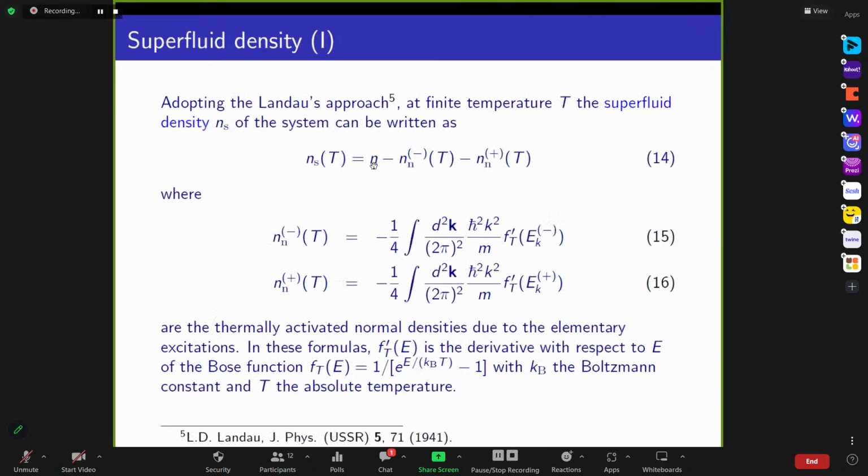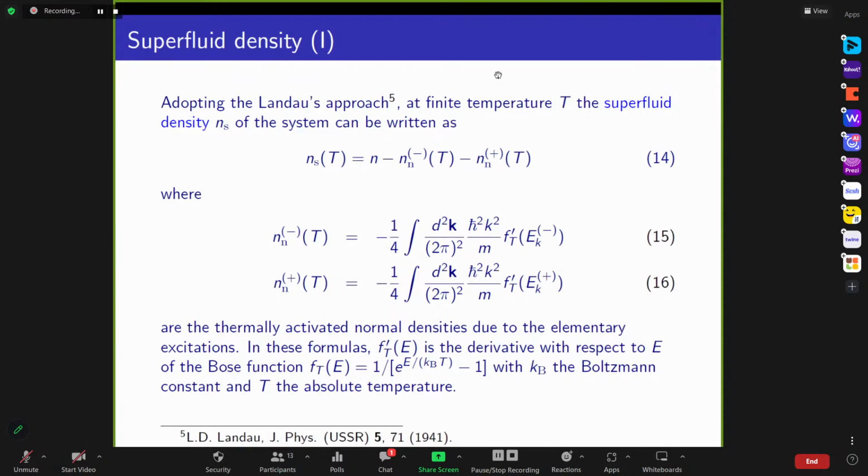So the idea is that the superfluid density at finite temperature, denoted with capital T, is nothing else than the total density, which is in this case fixed and temperature independent, minus the normal density, which depends on the temperature. And the normal density has two components, and the two components of the normal density are exactly related to the two branches of the elementary excitation.